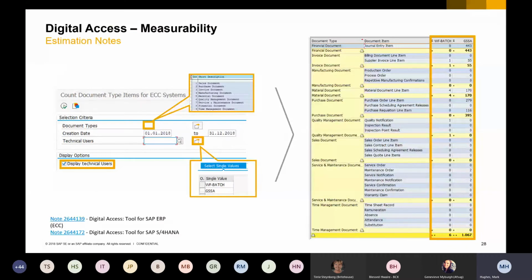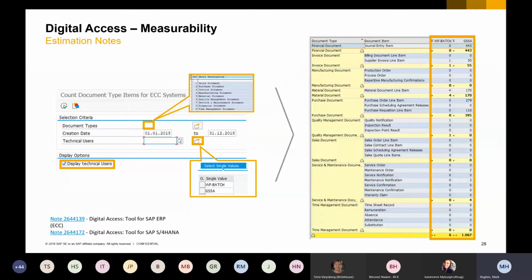You can see it in the middle of the slide, but actually the next slide is a clearer picture. These are some of the criteria that you can control so that you can focus on just a particular one or subset of these document types. You can limit it to a certain period if you want to see volumes over Christmas, or you want to see a whole year, or just a quarter. You can also restrict it by which of the technical users you want to investigate.